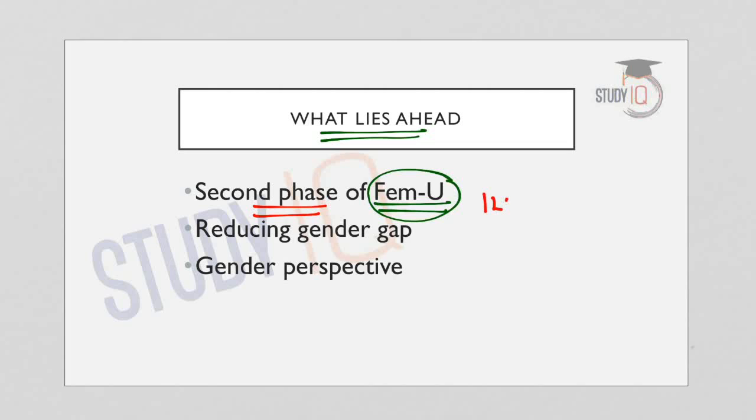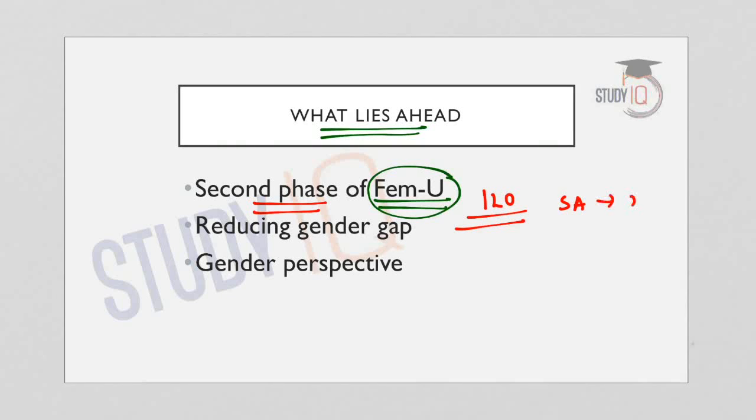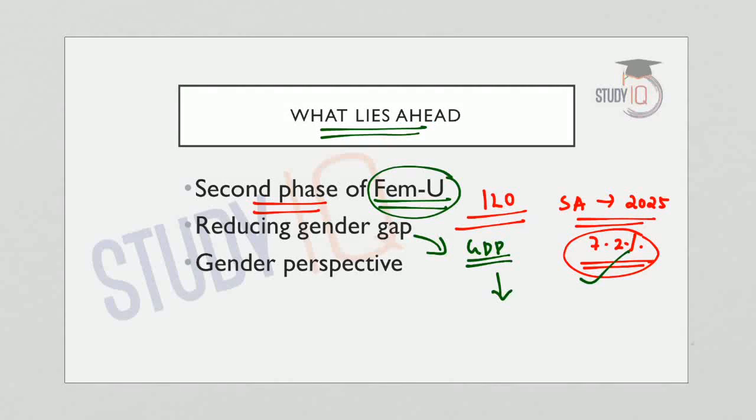And according to the ILO, reducing the gender gap in South Asia alone by the year 2025 can lead to a 7.2% increase in the GDP for the region. That means if the female participation in the labor force increases for India, there will be a definite increase in the GDP of the country. So there are economic gains from increasing the female labor participation rates.